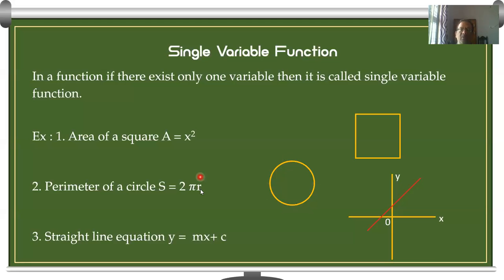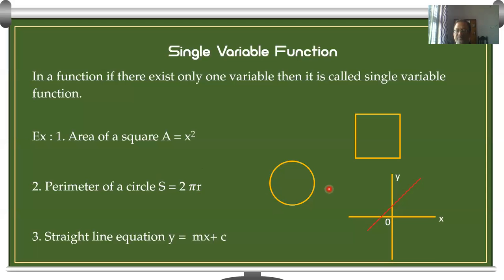Here pi is a constant value and r is a variable. If r changes, definitely the perimeter also changes. Therefore the perimeter equal to 2 pi r is an example for a single variable function.